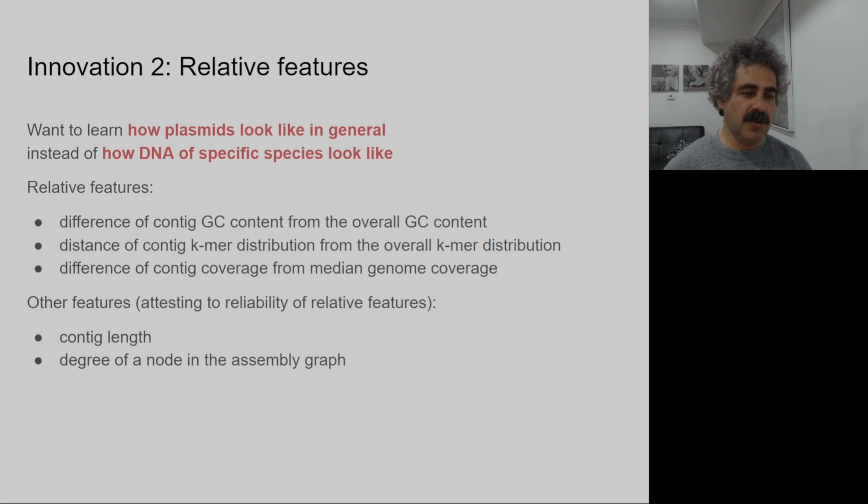And we also only include the difference of contig coverage from the median genome coverage. We also include several other features that help us to distinguish whether the relative features are estimated reliably or not. These are, in particular, contig length and degree of a node in the assembly graph.